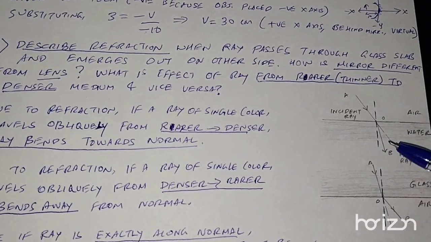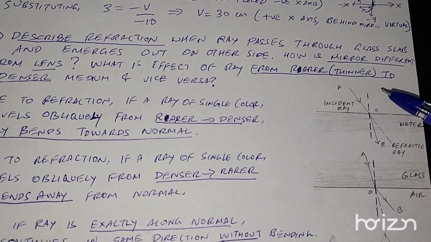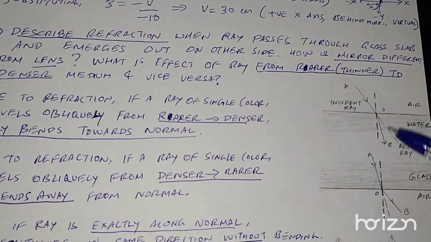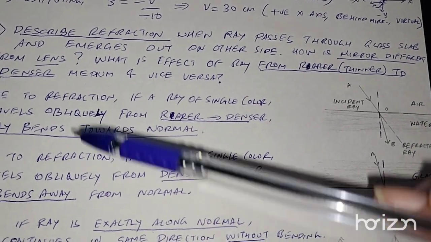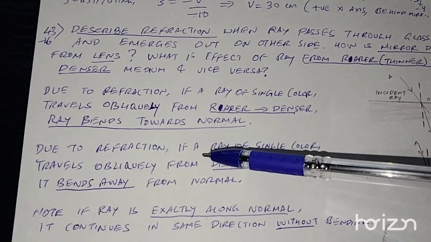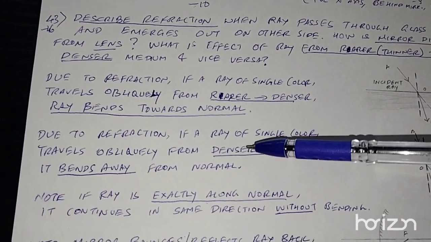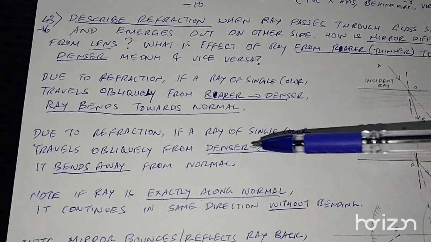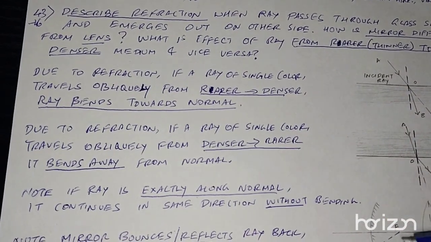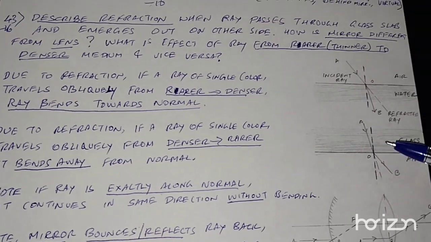This is what is known as refraction. So when going from thinner to thicker, thinner to denser medium, the ray bends towards the normal. Due to refraction, if a ray of a single color travels obliquely, this is the reverse case, from denser to rarer, that is from denser to thinner medium, it bends away from the normal. So you can see this diagram here again.